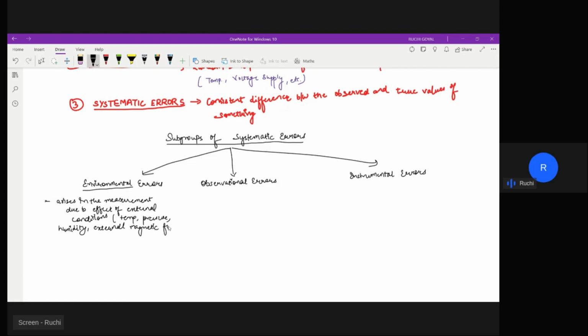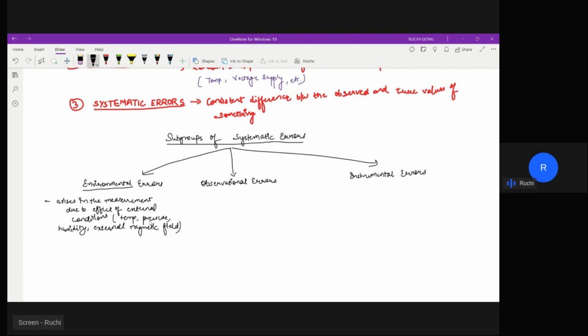So these are all external conditions which affect the measurement. Suppose we are measuring a value and the temperature is fluctuating, the pressure is fluctuating, or the magnetic field is fluctuating, then we have error in our measurement. So this is called environmental errors.